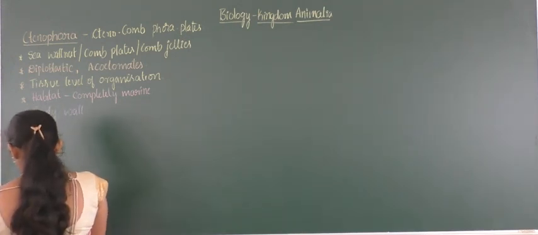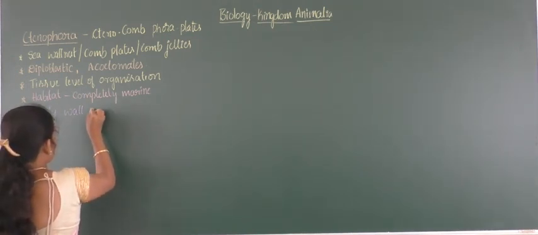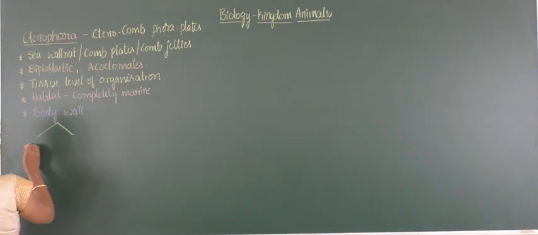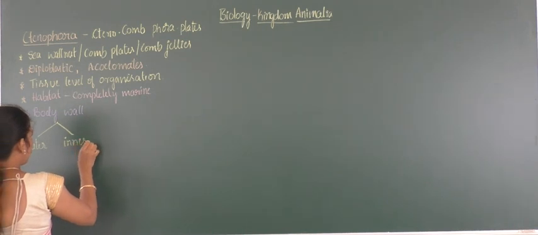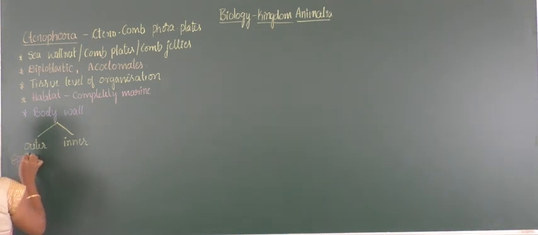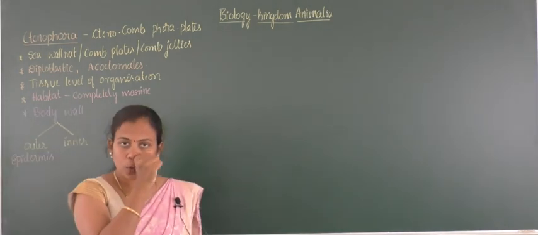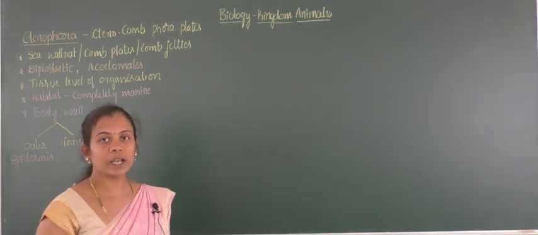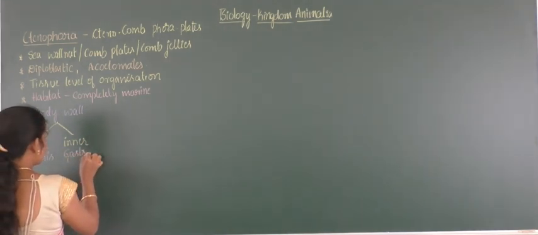The outer layer is made up of epidermis, the outermost layer, and inner to that is the gastrodermis. The inner layer is called the gastrodermis.